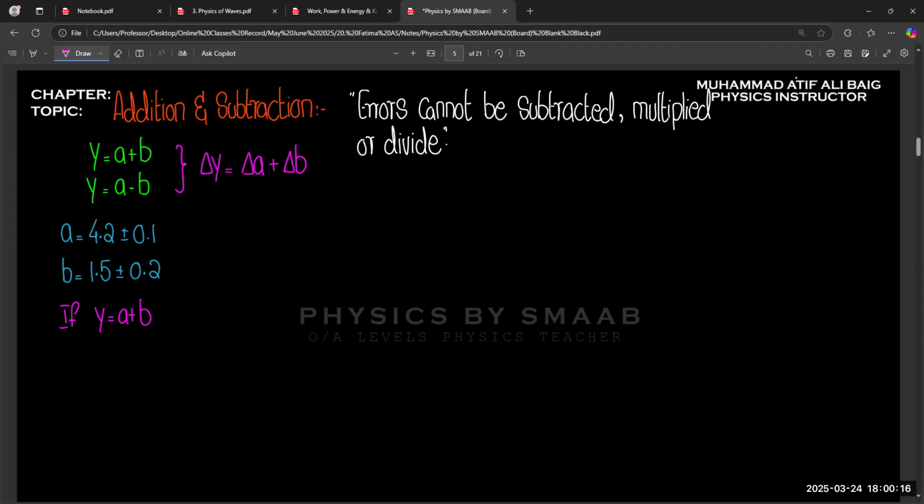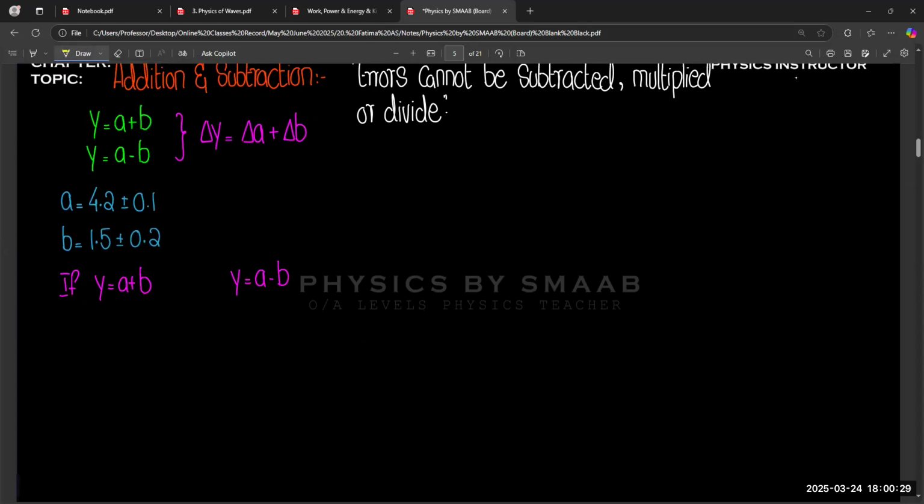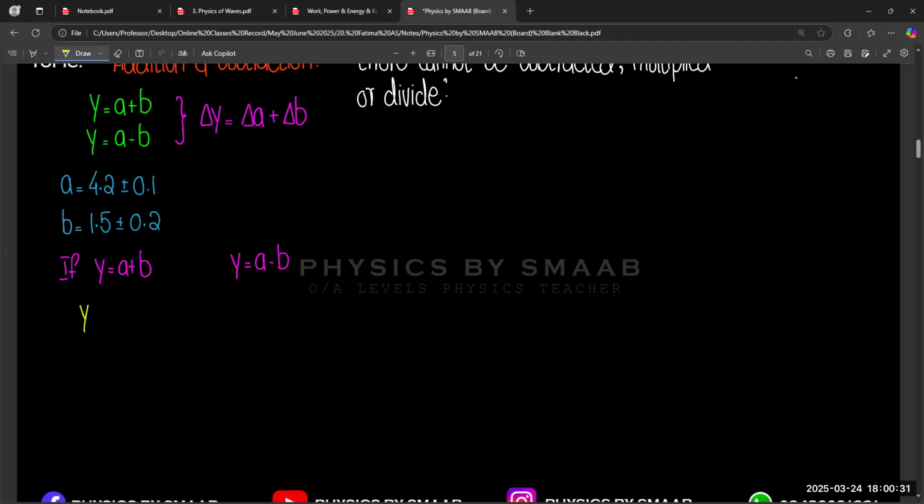In the case of addition and in the case of subtraction, for example, we have true value 4.2 plus 1.5, and on the other side we have 4.2 minus 1.5.